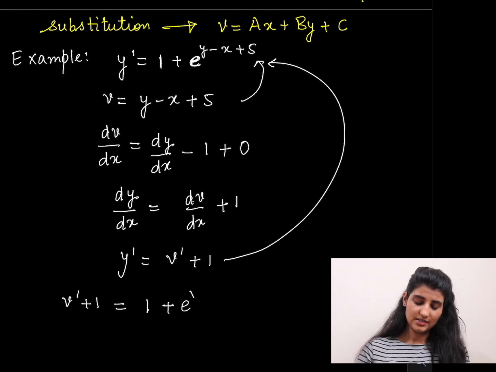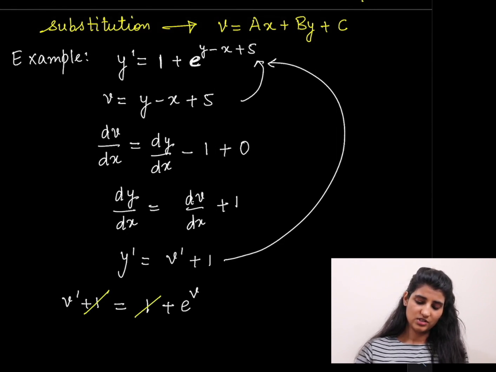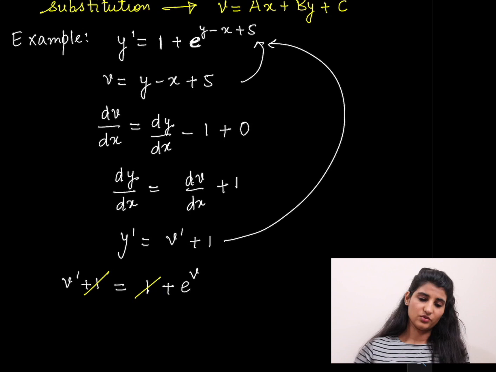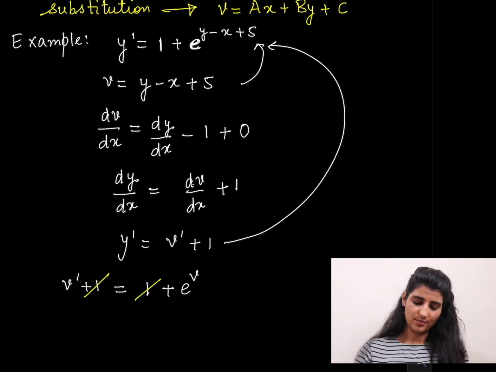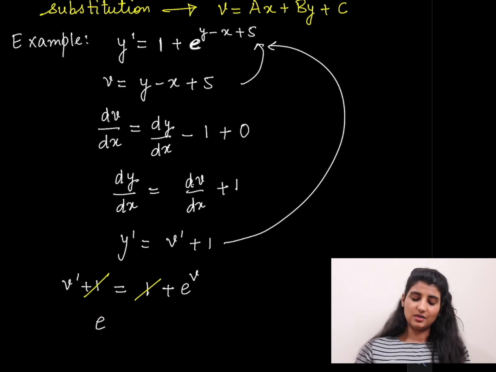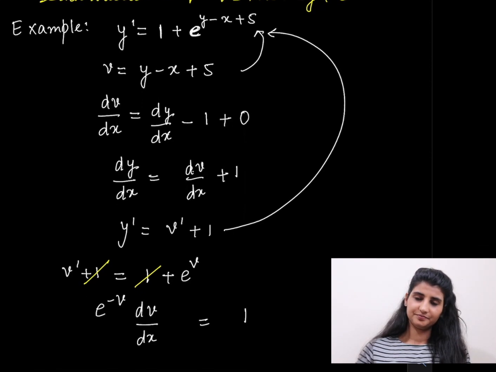1 plus e power v, right? If we subtract 1 from both sides, we will get v prime equal to e power v, which is a separable equation, and we multiply by e power negative v on both sides, so e power negative v times dv over dx is equal to 1.